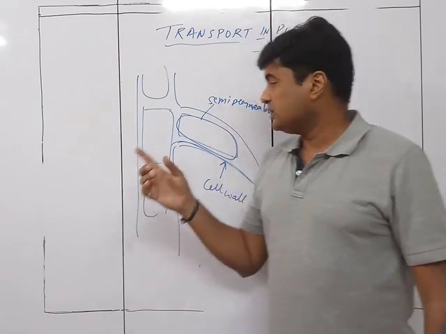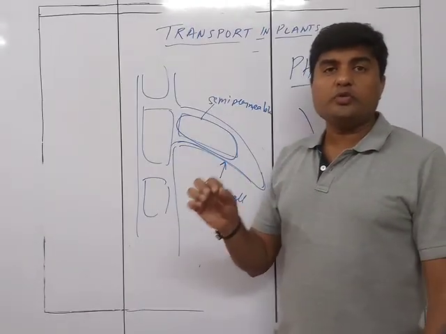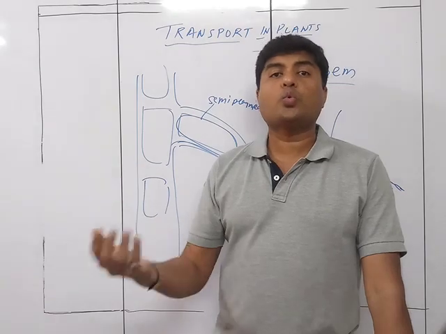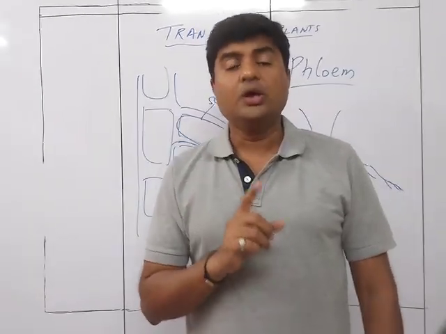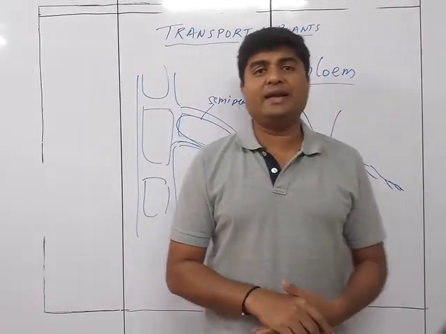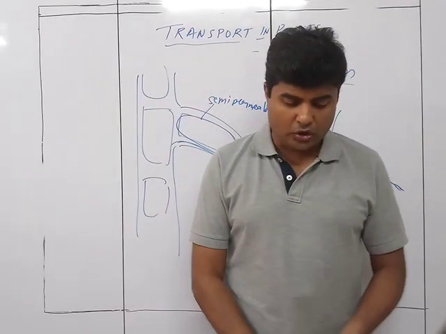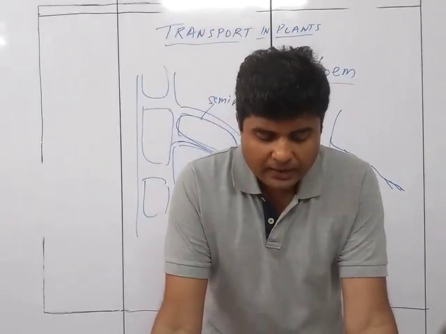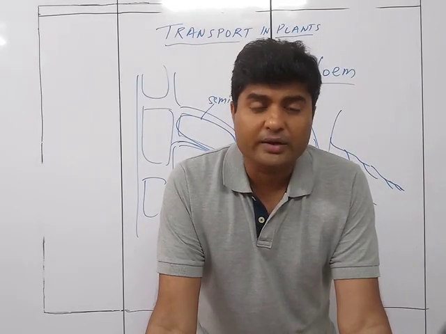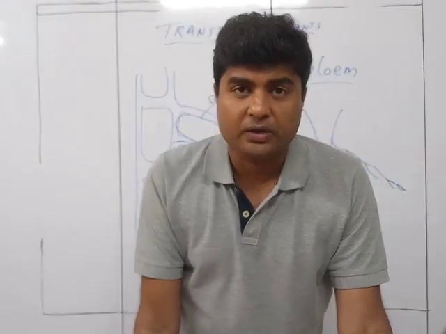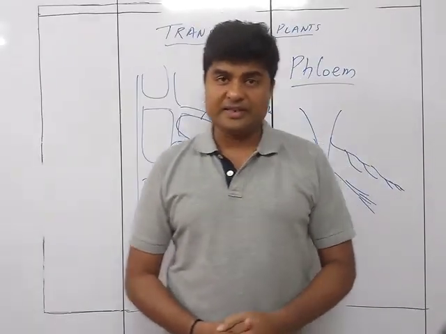So this cell sap will always be such that it allows more water to be absorbed. The concentration of the cell sap will always be higher in solute compared to the outer soil water, so that the water can enter the root hair or the cell cytoplasm.